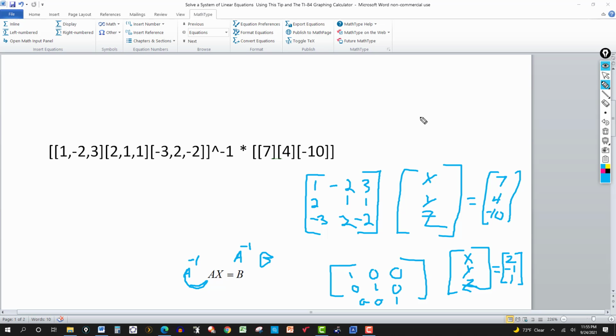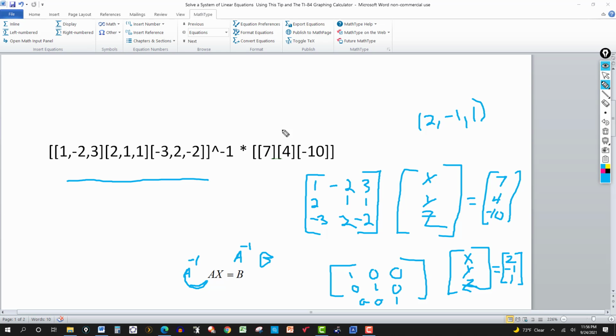Solution set in an ordered triplet, this would be 2, negative 1, and 1. And that's why that little, which seemed like a little trick that I did here, this right here, this is what I did in the calculator. So what the calculator does here is calculate the inverse of the matrix of the coefficients.